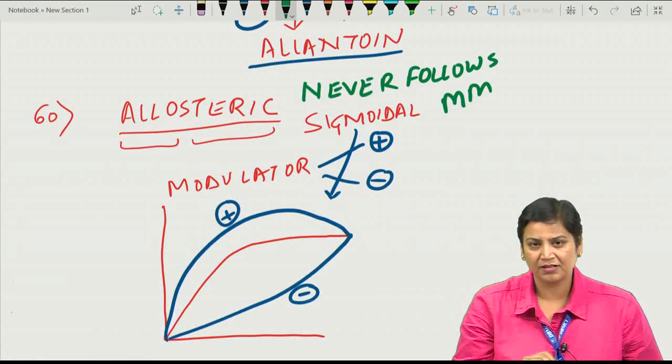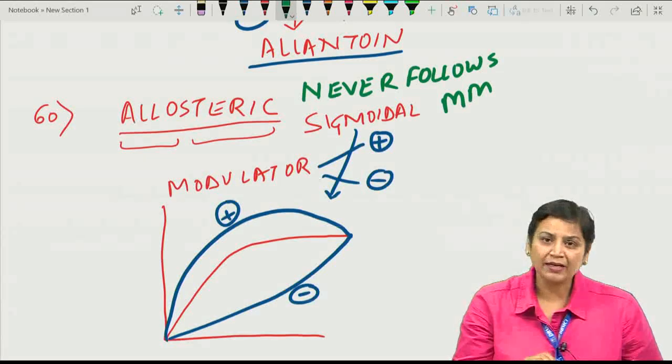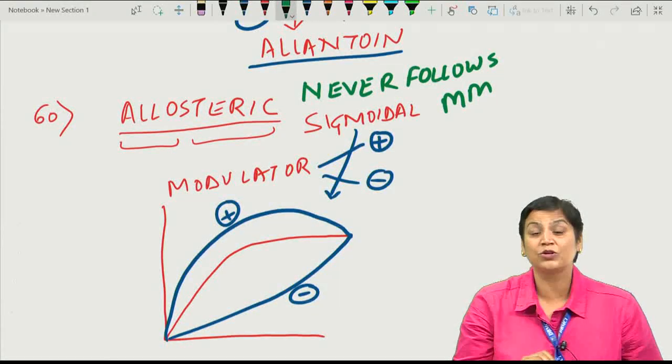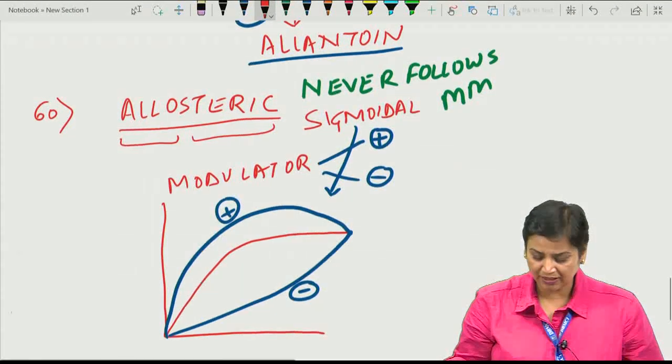Always remember this. It will never follow Michaelis-Menten kinetics. And the graph obtained in allosteric inhibition would always be sigmoidal instead of hyperbolic. So let's look at the options.